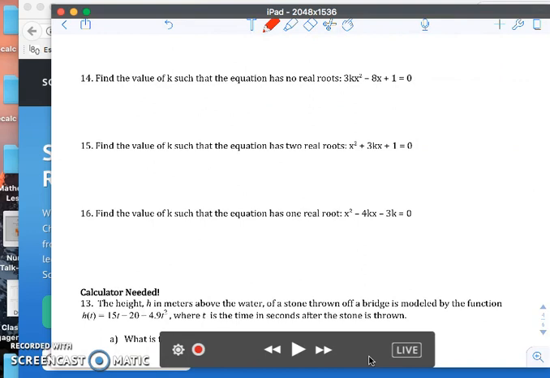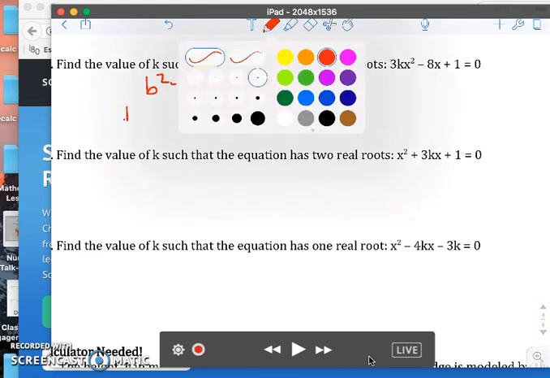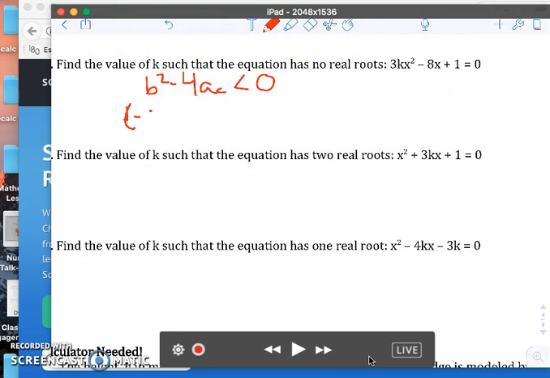So this next one, find a value of k so that it has no real roots. So that means b squared minus 4ac has to be less than 0. So negative 8 squared minus 4 times 3k times 1 has to be less than 0.